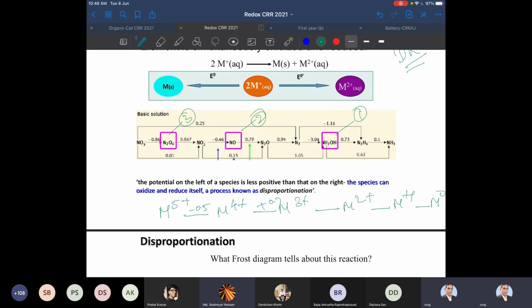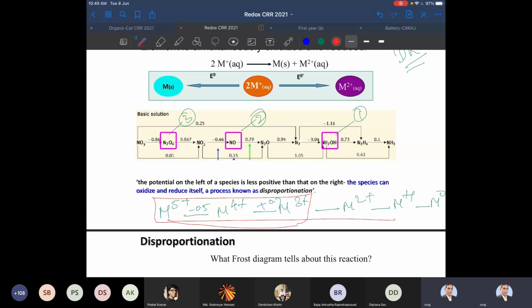My goodness. You look at here, M5 plus, there is no question of which direction. There is only one direction, plus 5 to M0. Say for example, I take this species here. I have started from M5 plus, 4 plus, 3 plus, 2 plus, 1 plus.